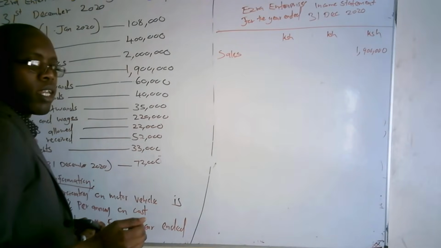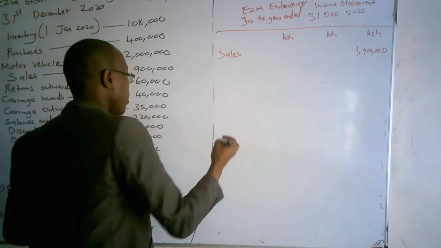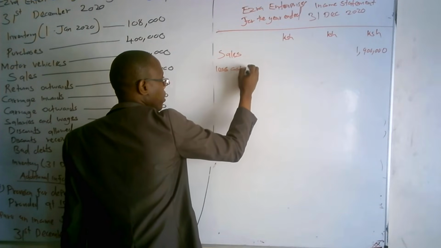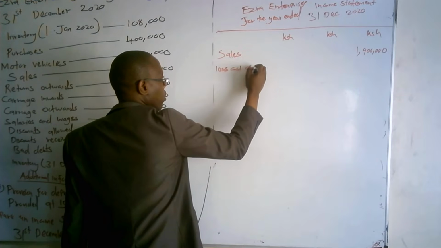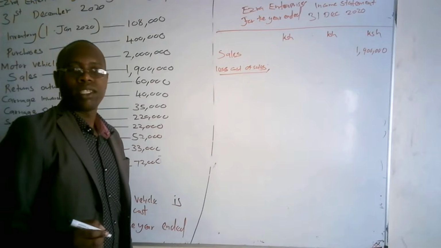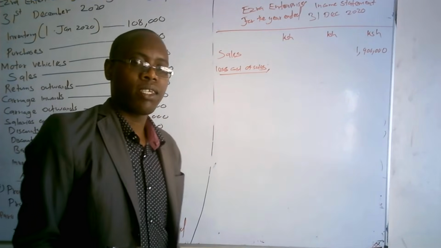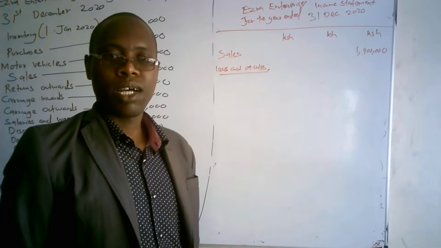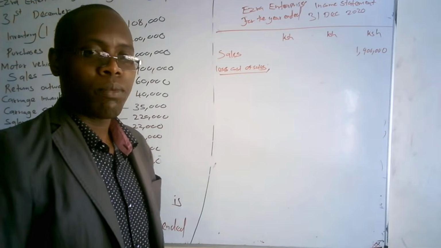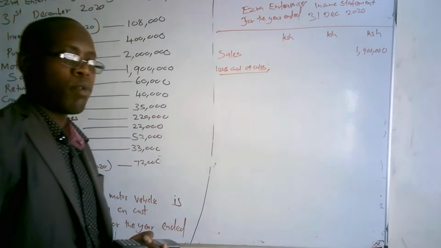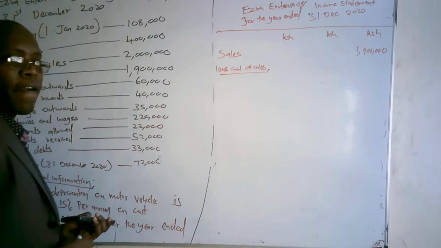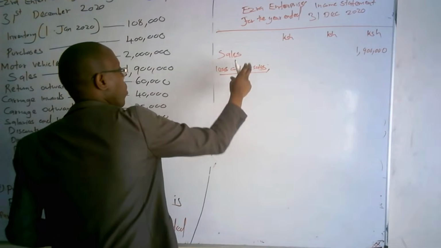And then of course we go direct to the cost of sales, so we say less cost of sales. I told you that this is where you need to be extra keen and careful, because the moment you understand the cost of sales, the income statement becomes very simple to do.